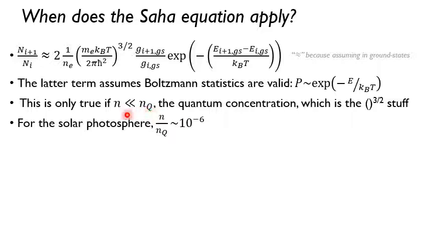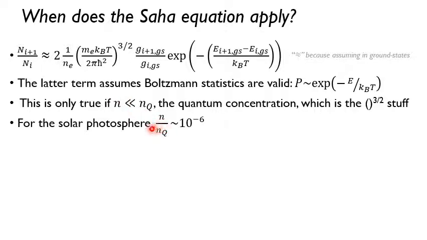And if your density is much less than this, then you are in a non-degenerate environment. And you'll find that the quantum concentration works out to be this business here. So all this stuff, including the 3/2 power, that is your quantum concentration. Also in the homework, you will work out what this is.